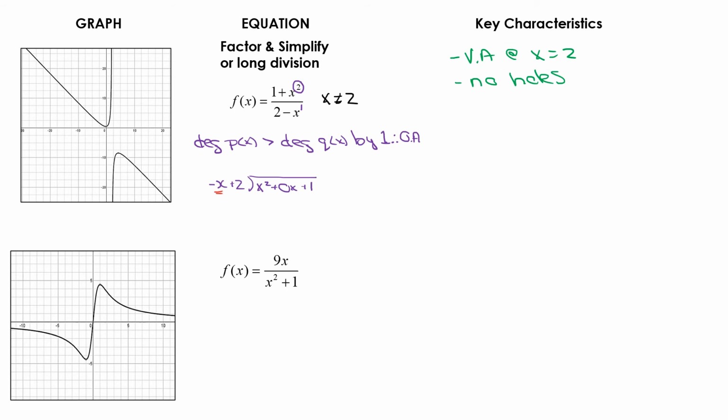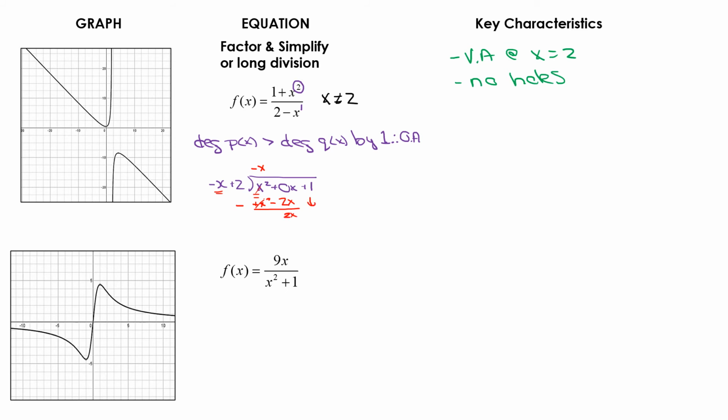Dividing the first term into the first term is a negative x. Multiply that down, negative x squared, sorry, x squared minus 2x. I'm trying to write really small here, so don't crowd into the next example. Subtract everything here. These are gone. We have a 2x.